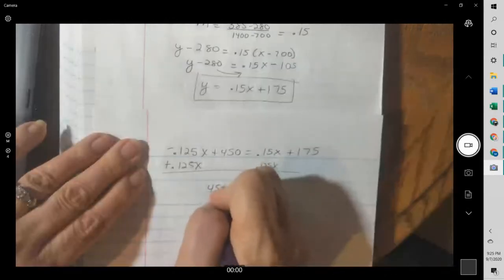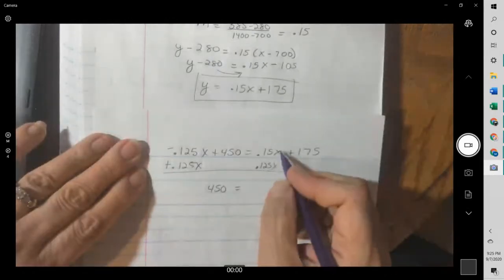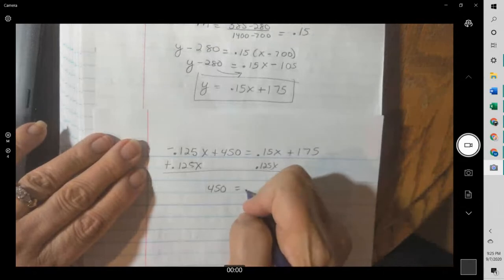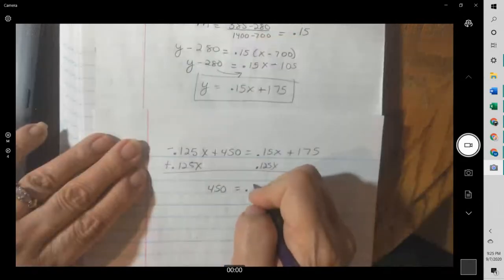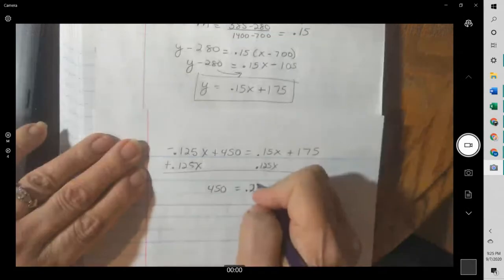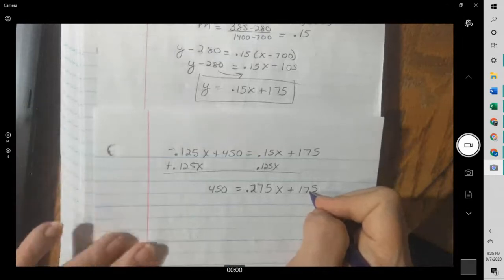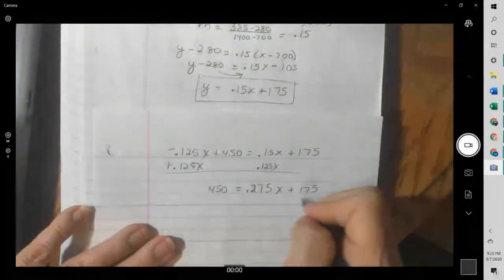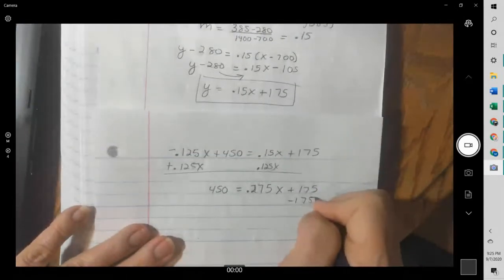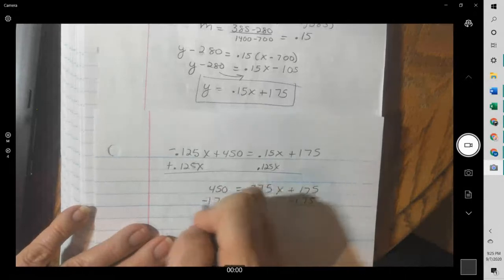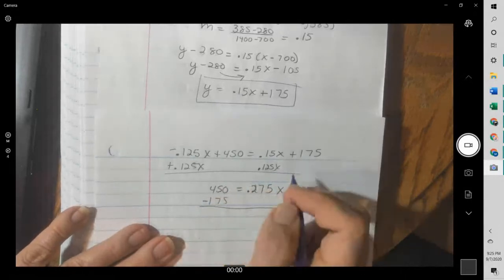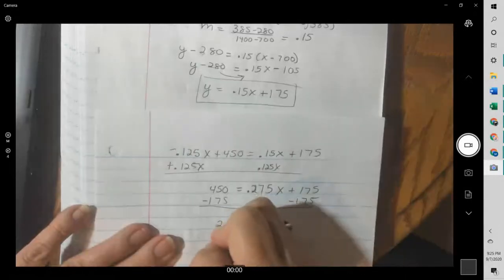Leaving 450 equals, combining these, 0.275x plus 175. And then I'm going to subtract the 175 to the other side, which gives me 275.